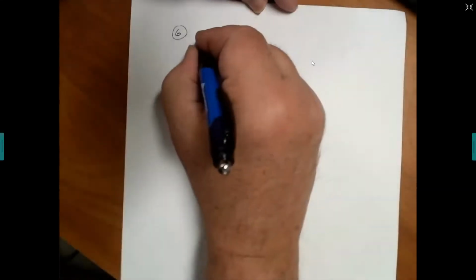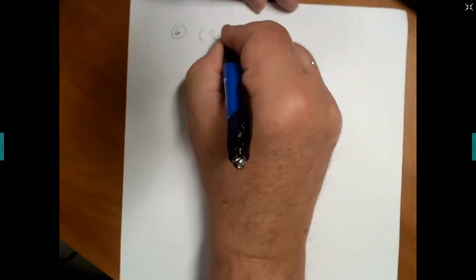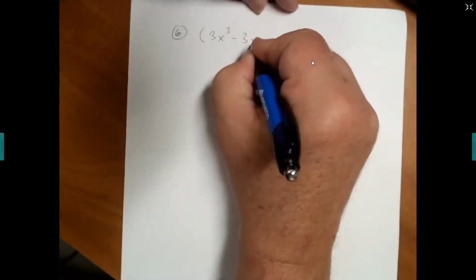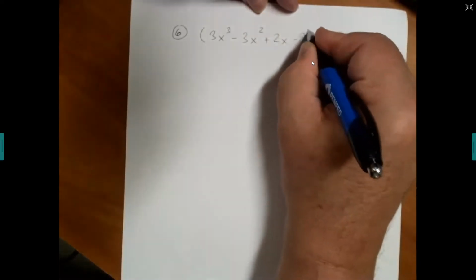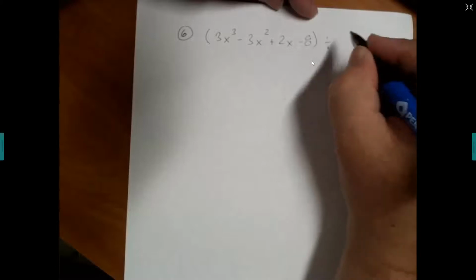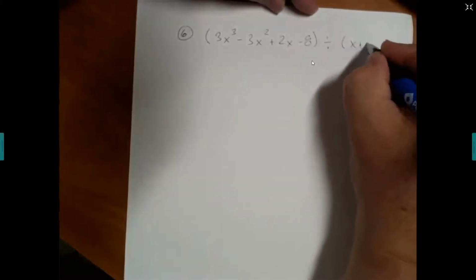Let's look at number 6. 3x cubed minus 3x squared plus 2x minus 8 is divided by x plus 1.